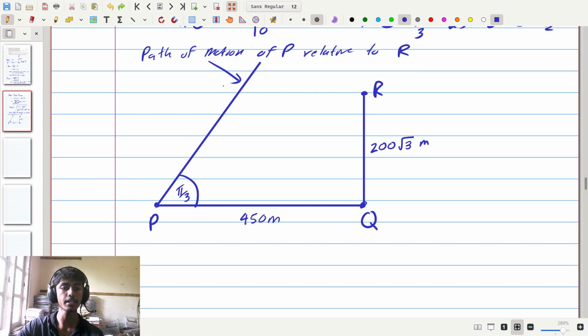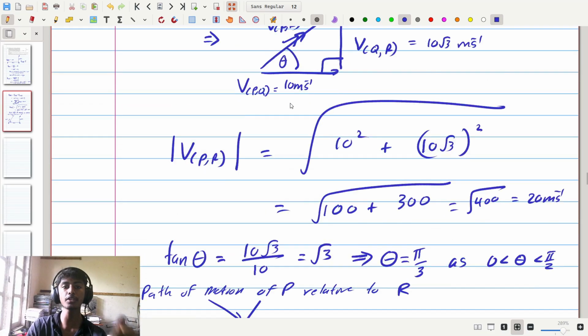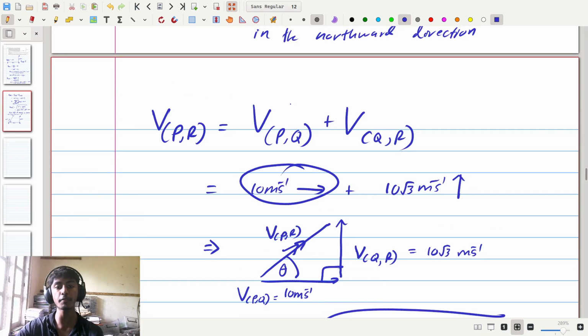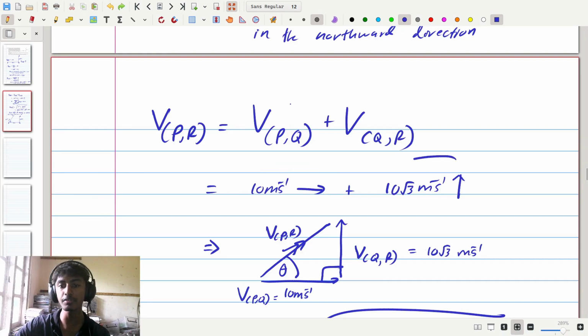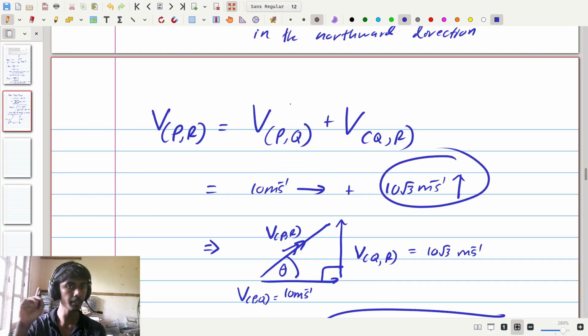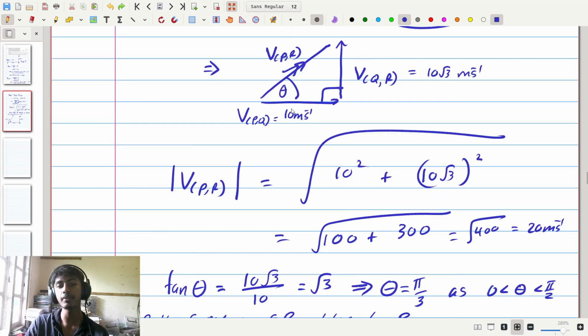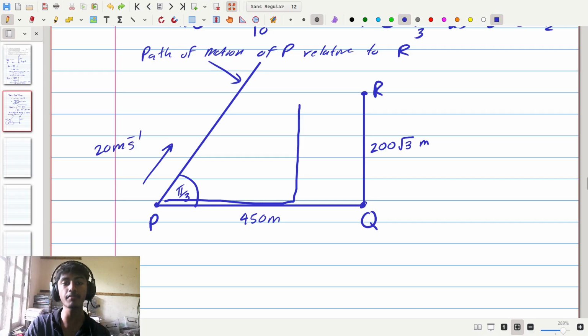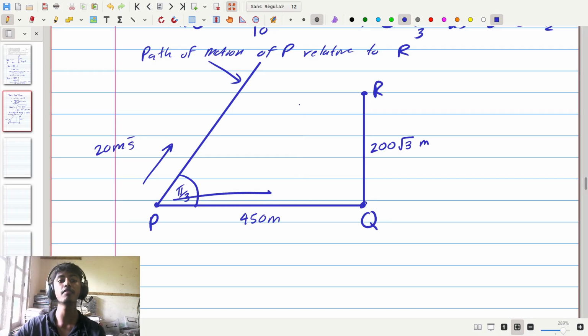Now here the velocity of the boat is in this direction, 20 meters per second. However, if we look at how that velocity came to be, we can see it has a horizontal component of 10 meters per second and a vertical component of 10 root 3 meters per second. Due to that, we can break the velocity of this boat P into the horizontal direction and vertical direction and find the horizontal displacement and vertical displacement of the boat separately.